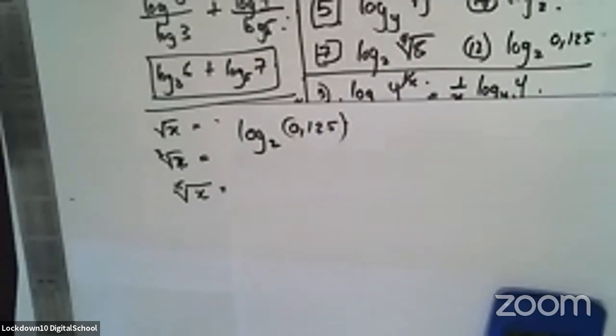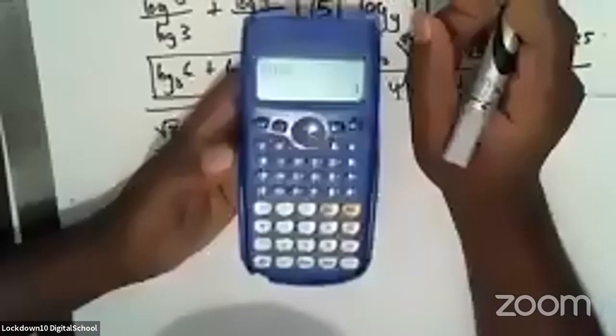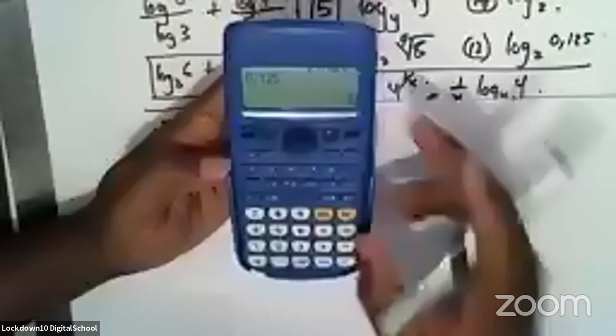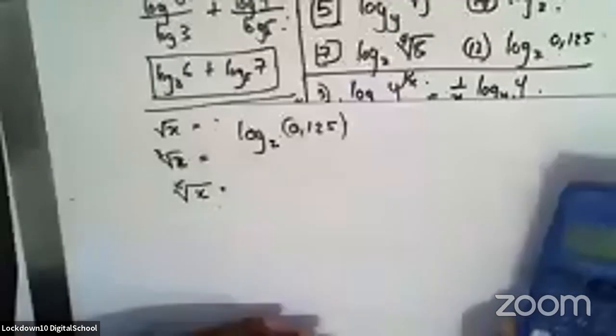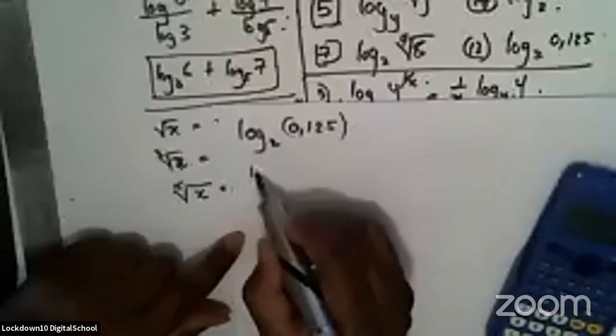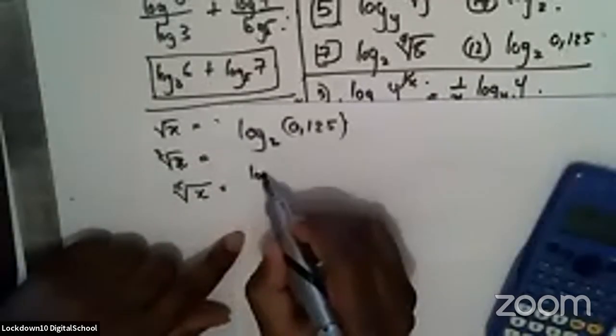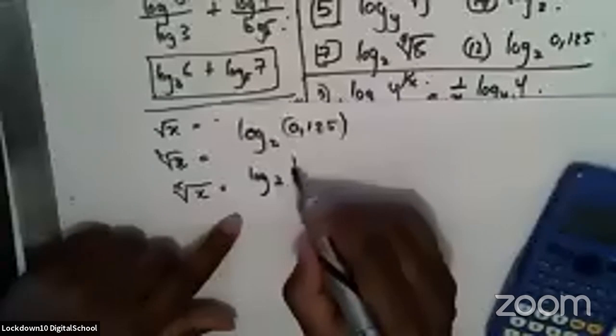Okay, I will teach you now how to change it. 0.125 is equal to 1 over 8. If it's 1 over 8, now I can write it as log to base 2 of 1 over 8.